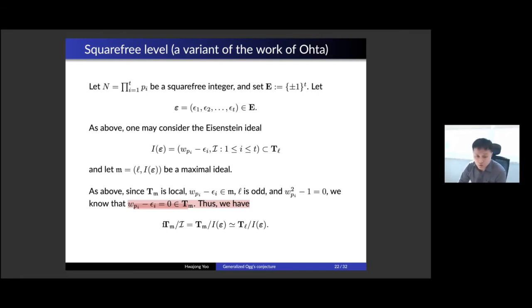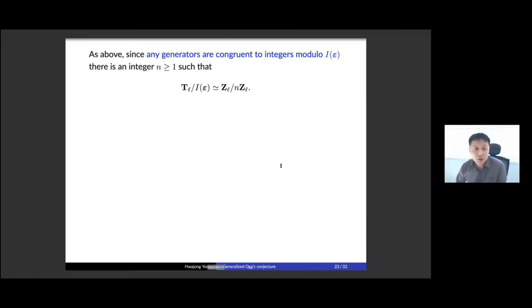Therefore, a priori we get this quotient ring, but that is actually equal to T_L modulo this new Eisenstein ideal. So instead of handling this T_m, we may just handle T_L modulo this new Eisenstein ideal. And also this one contains all the operators. So any generators are congruent to integers, and with the same argument as above, we get this isomorphism for some n.